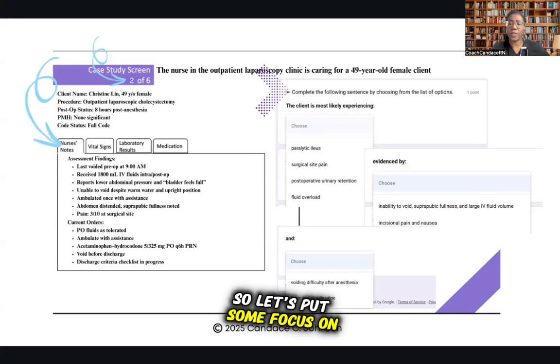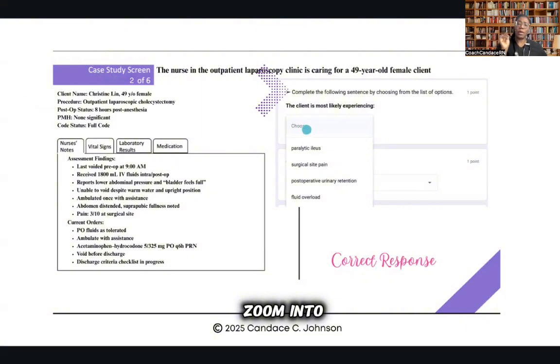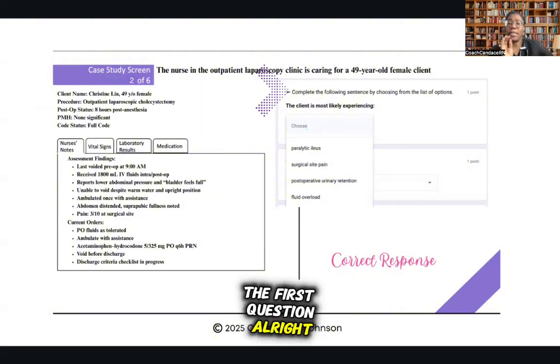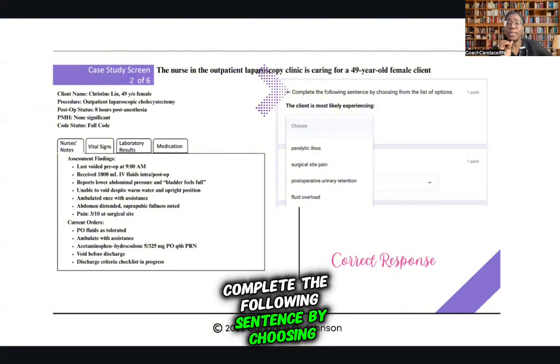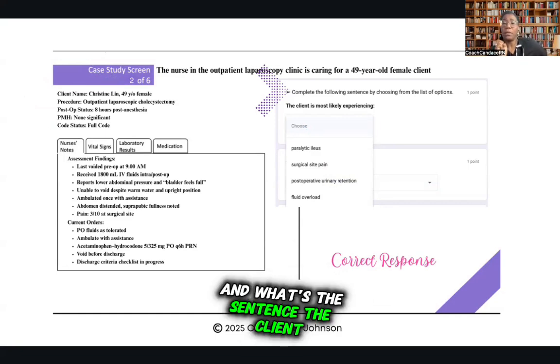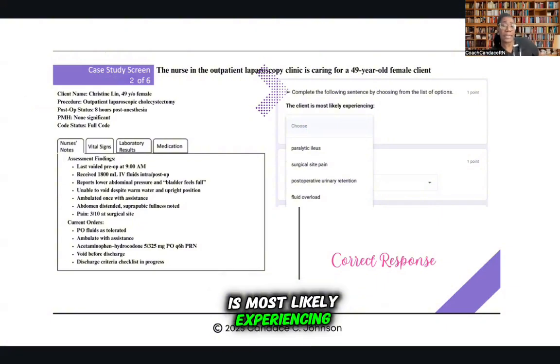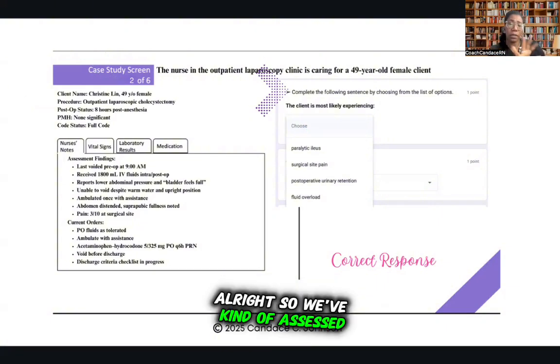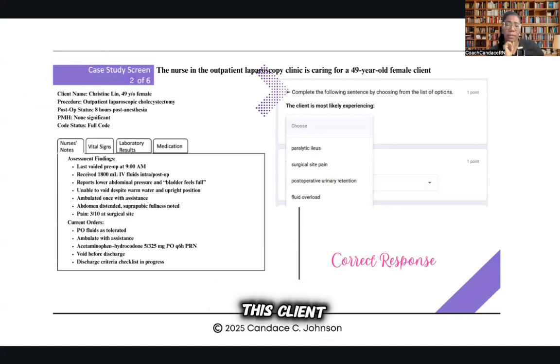So let's put some focus on just one of them so that we can zoom into the first question. Complete the following sentence by choosing from the list of options. And what's the sentence? The client is most likely experiencing.